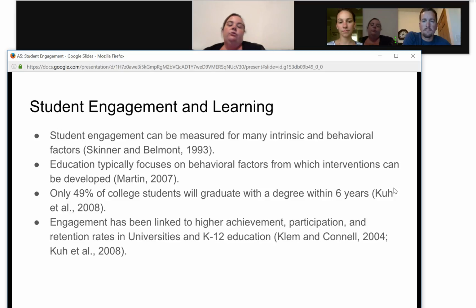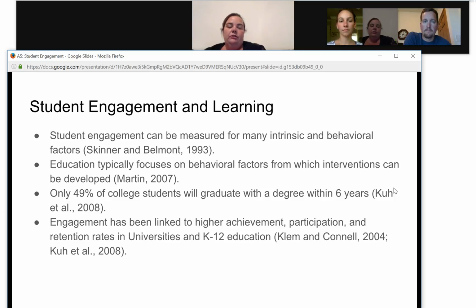Next. So just a little bit overall about student engagement and learning. Student engagement is a fairly complex matter. It has a great deal of intrinsic and behavioral factors. Mostly education focuses on the behavioral factors because they're more likely to be able to create interventions that can be developed and thus improve student engagement with learning.